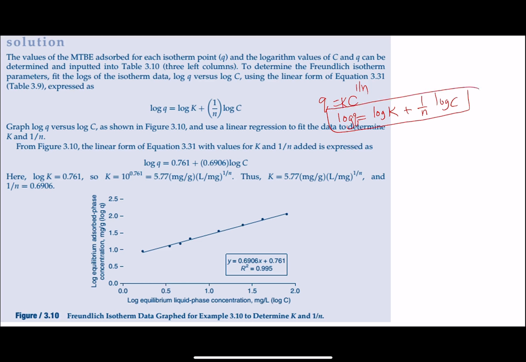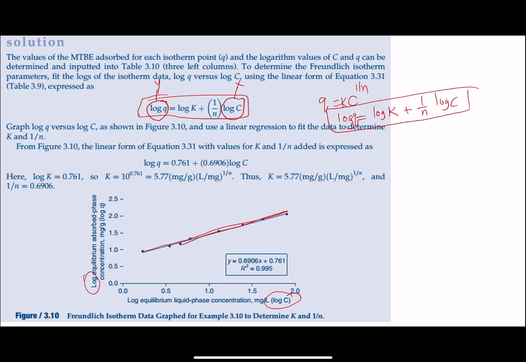So we want to linearize, make it linear. So you plot log q in the y-axis, and log C in the x-axis.